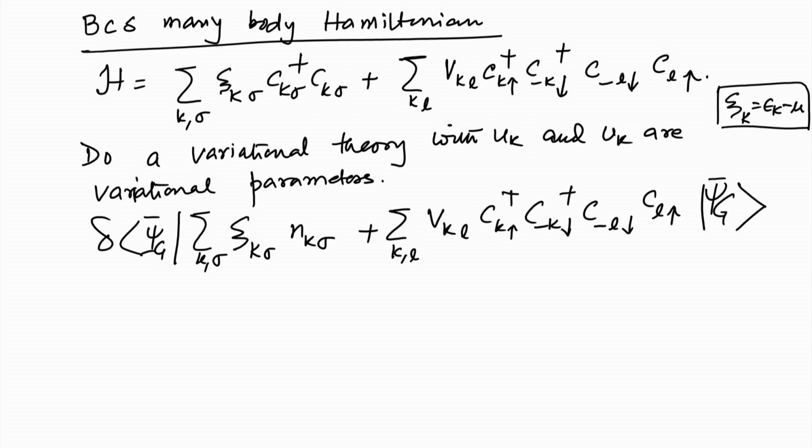We have to take a variation of this and put it equal to 0. So, let us look at the kinetic energy term, or the single particle term, the first term here. This is the kinetic energy and this is the potential energy.